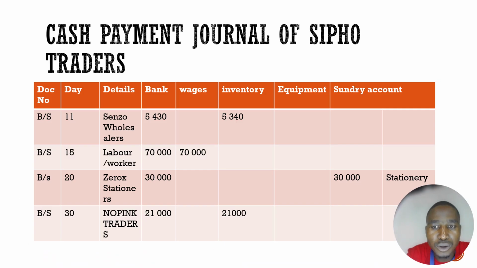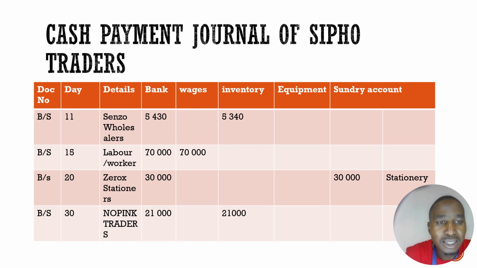Now, how are we going to record that in the cash payment journal? I said that under source document number, you always write BS, that is bank statement, because you're not given a receipt. So you see your purchases and the accounts that you paid on your bank statement.